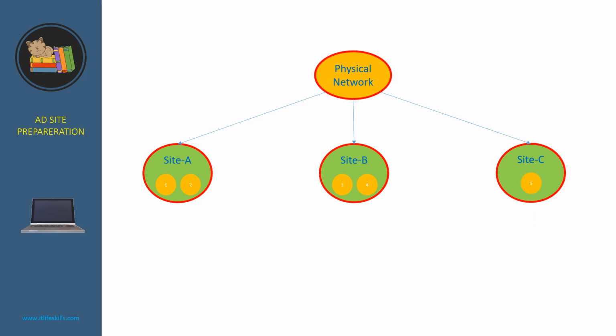The physical network also helps determine the number of site links, where each link is used to connect two sites together. For example, in our network, we can configure site link 1 to connect site A and site B, and we can configure site link 2 to connect site B and site C. For each site link, we can configure the link schedule and cost depending on the characteristics of the physical network connections.